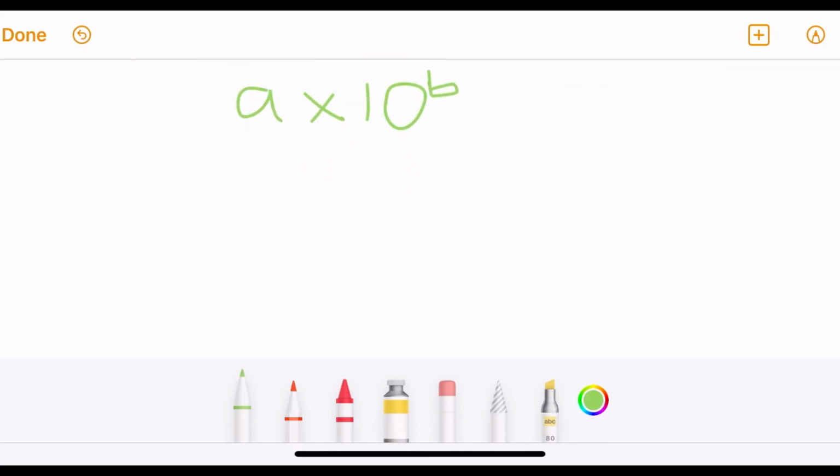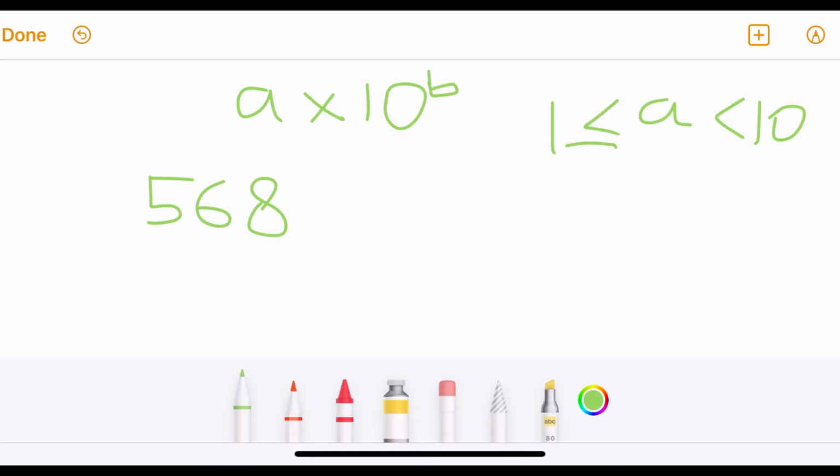So if we were to write this number 568 into standard form, we first need to make sure that a is between 1 and 10, can be equal to 1, but never to 10. So it would be 5.68. Now you will think, multiply by 10 to the power of something. We need to write something here. So what shall we write as the indices for the power of 10?